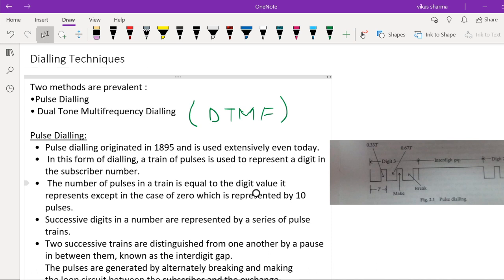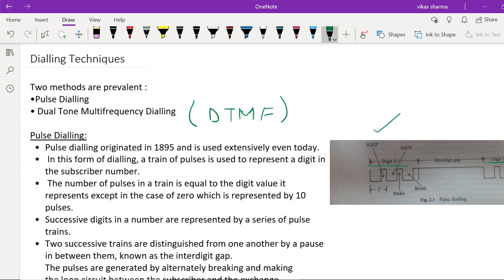Now, this is the figure which is shown here, showing us the pattern. The figure shows that we are dialing digit 3 first, and then digit 2. Whenever we dial digit 3, three pulses are generated.